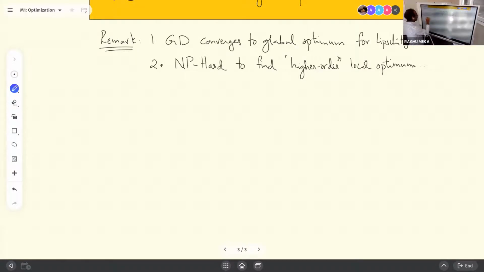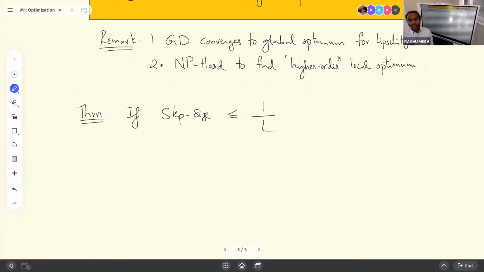And our first result, I'll say it's a theorem, is that if the step size is less than or equal to 1 over L, so you have to take a small enough step size to get some guarantee on convergence or improvement, right? If I take a huge step size, I'm going into a space that is not local in any way.